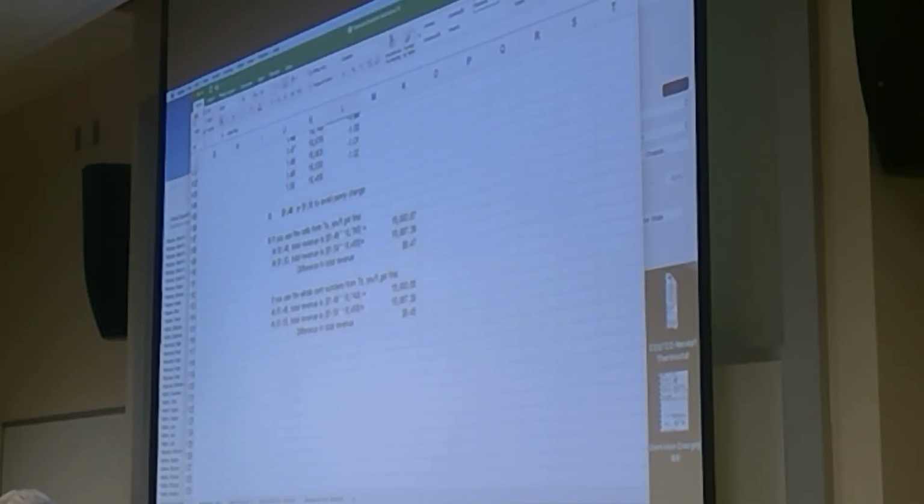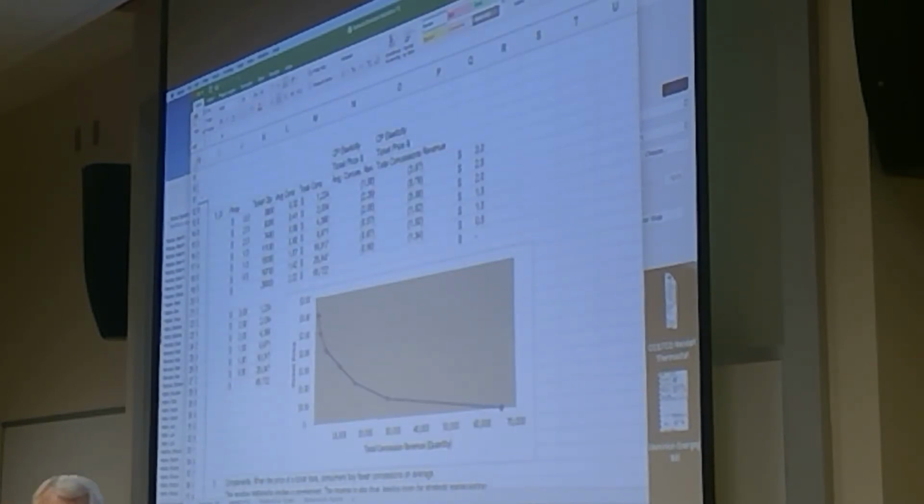All right, now, part 2, it asks you about cross-price elasticity between the movie ticket price and the concession prices. Okay, that's what part 2 is all about. So you use some of the information you calculated in part 1, and you should be able to create a table that looks like this, where you have the price, and here I have it running from $3 down to 0.